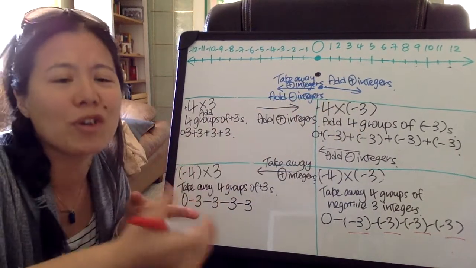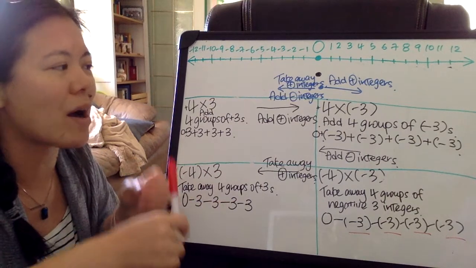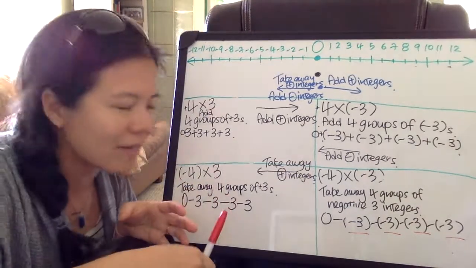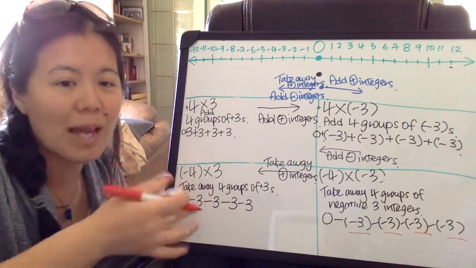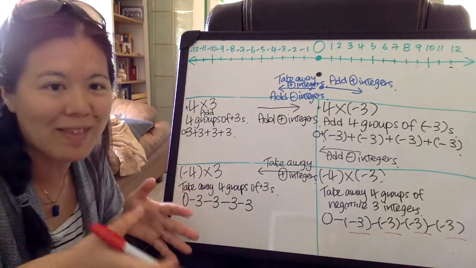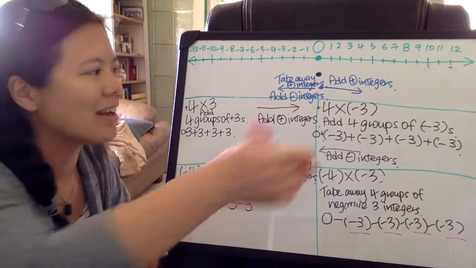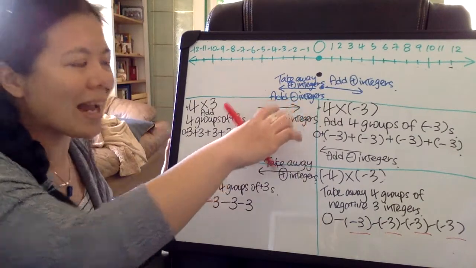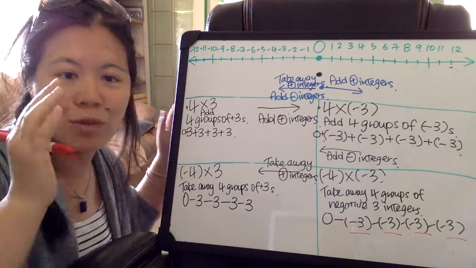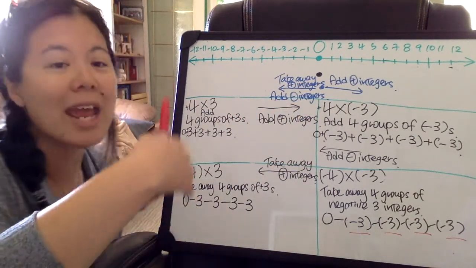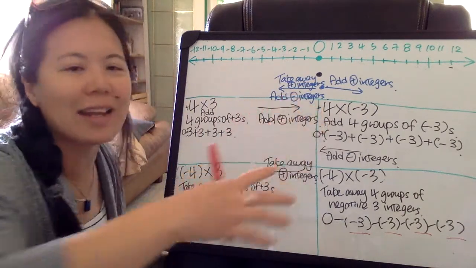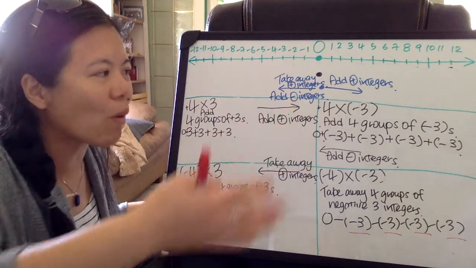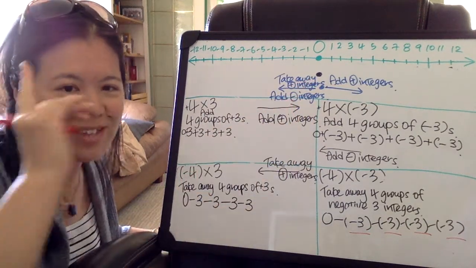So I must go right, because if you are taking away positive integers, which I'm not doing, then the answer must be that I go in the opposite direction. And if I'm adding negative integers, which I'm not, because I'm taking away negative integers, then I have to do the opposite. So the only way I could go is that way.